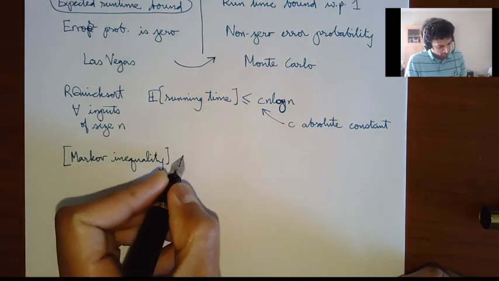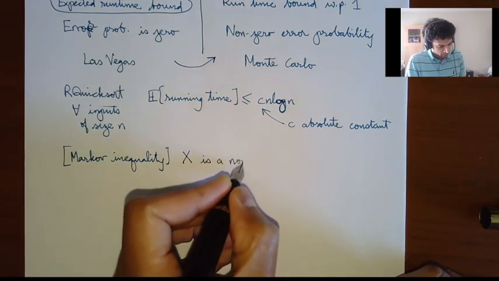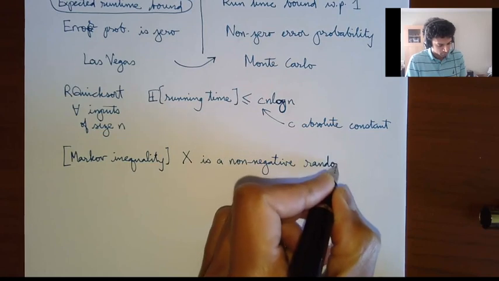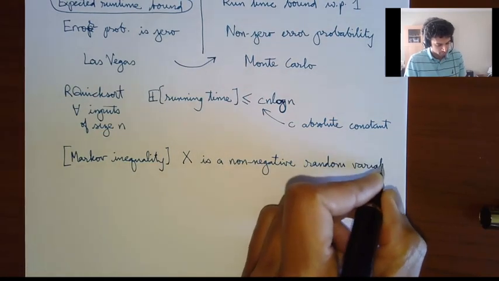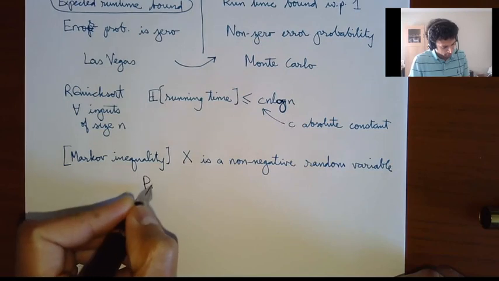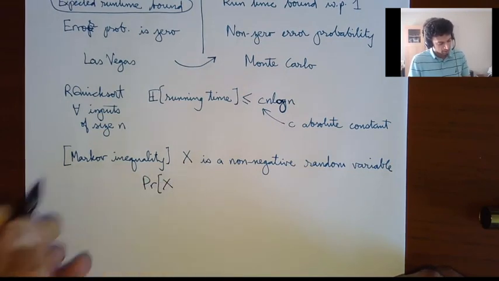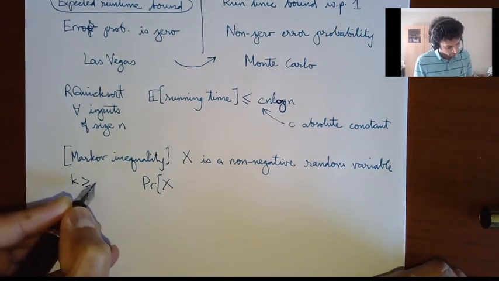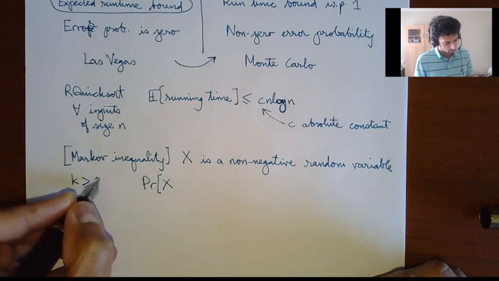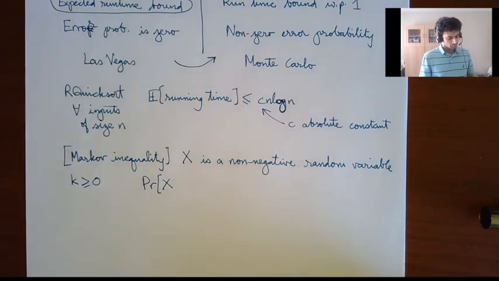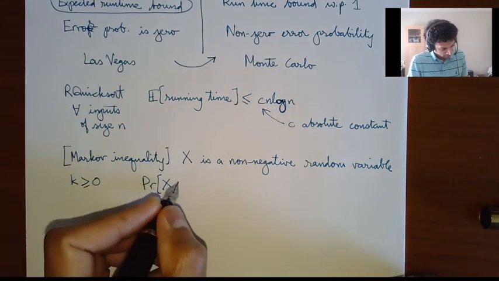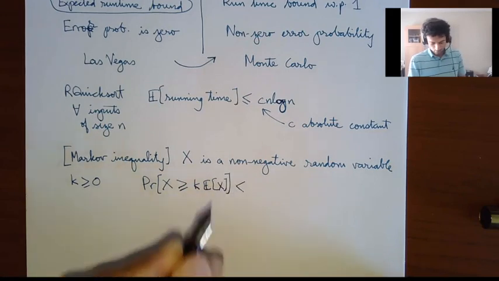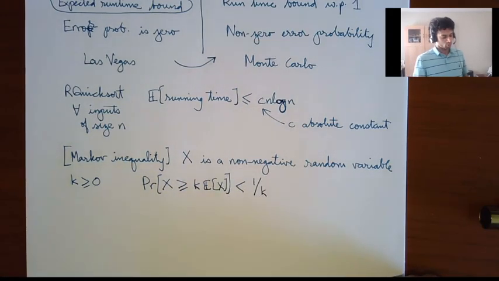So the Markov bound says if X is a non-negative random variable, and k is some positive parameter, the probability that X is greater than k times the expectation is at most 1 over k.